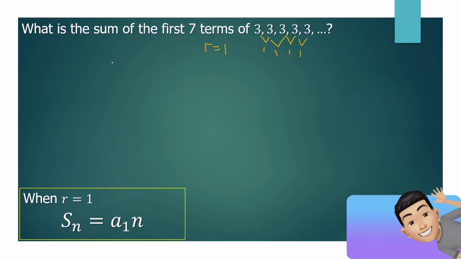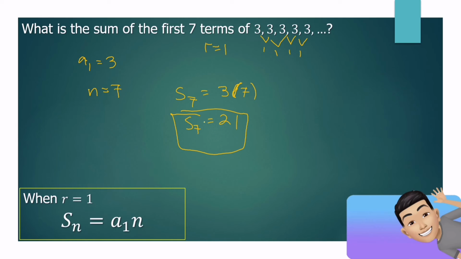So, ang first term natin ay 3. At ang ilang terms yun? 7. So, therefore, S sub 7 equals 3 times 7, we have 21. S sub 7 equals 21.